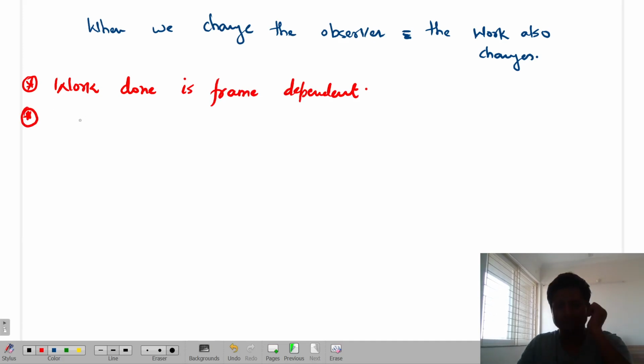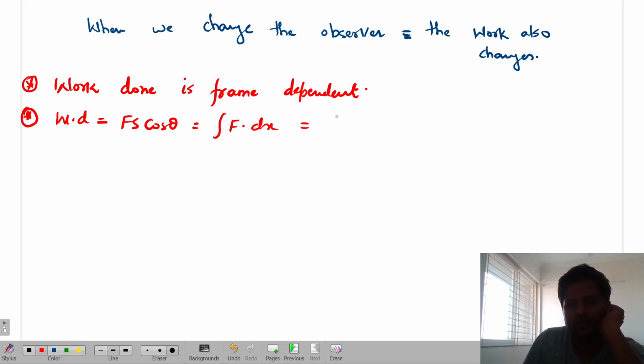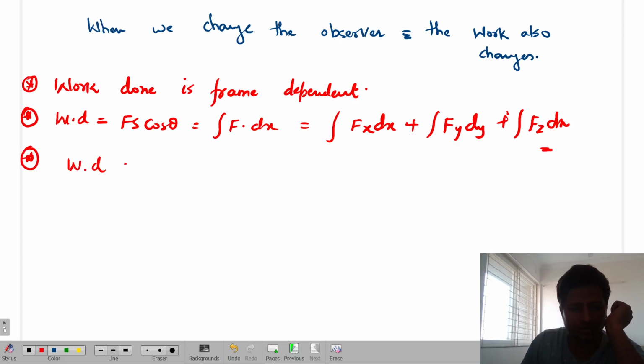First, if I have forces, work done can be found with respect to path. We got many formulas: work done is equal to Fs cos theta. It was also equal to integral F dot dx, and also integral of Fx dx plus Fy dy plus Fz dz. Then the fourth formula: work done is equal to the area under the F-s graph.